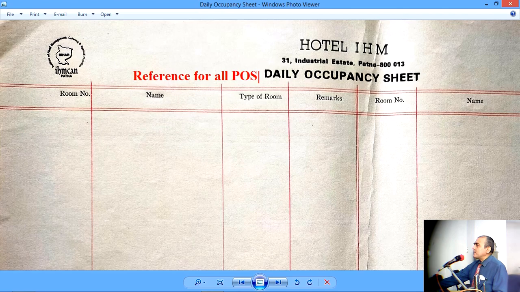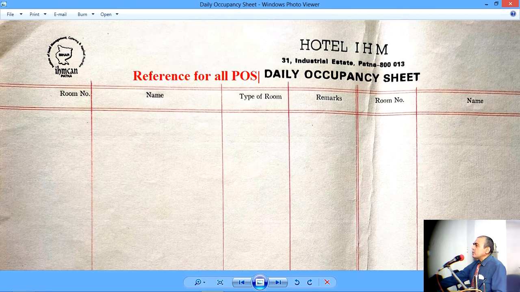This also helps the front office department to route calls, send messages, ask visitors who they wish to meet. So this is like a very smart and quick reference of all the in-house guests staying in the hotel at this particular point of time.